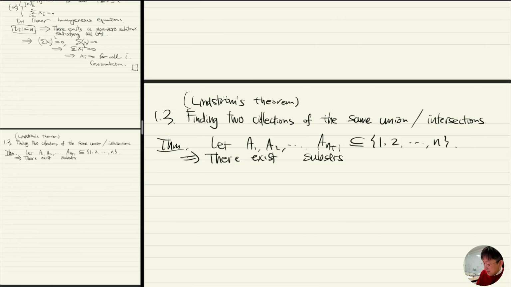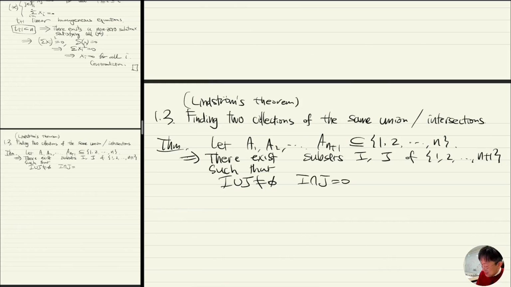subsets I and j of 1 up to n plus 1 such that these two are not both empty, so at least one of them is non-empty, and their intersection is empty.